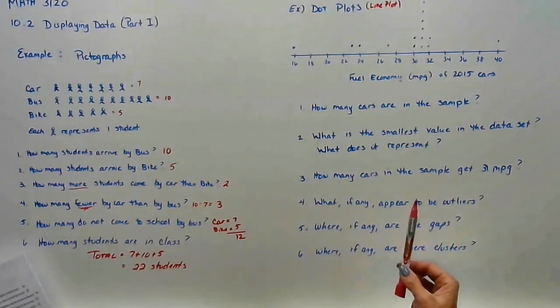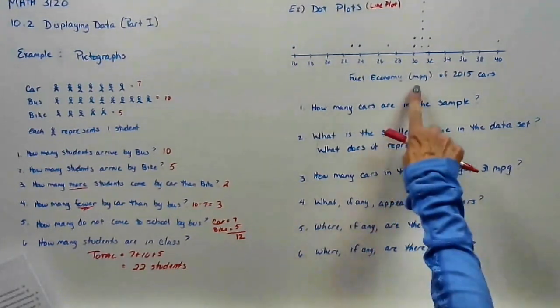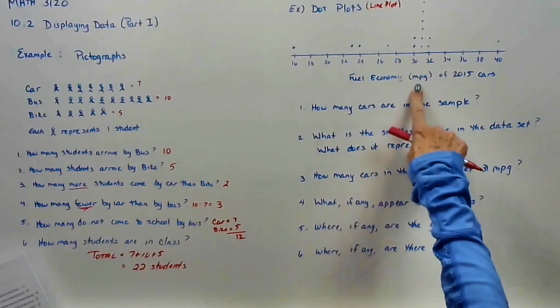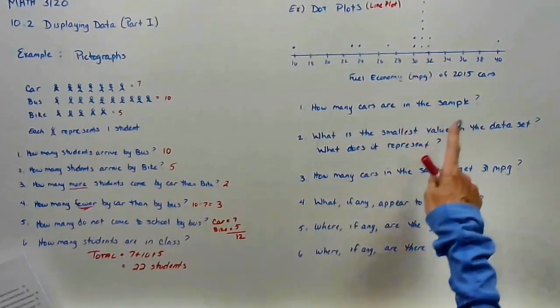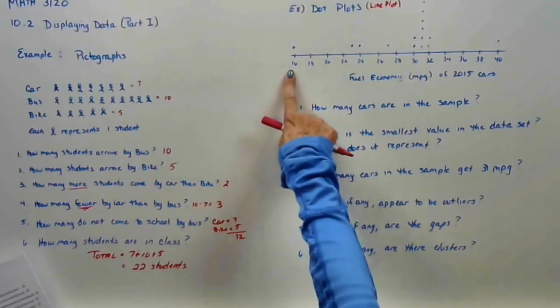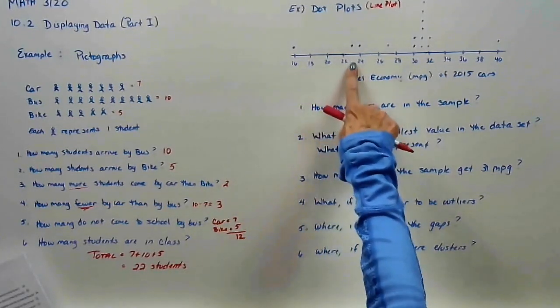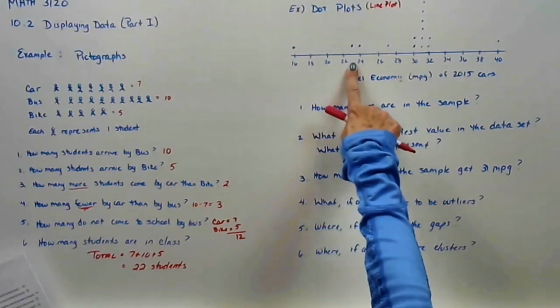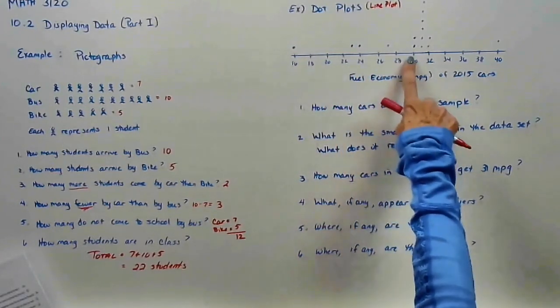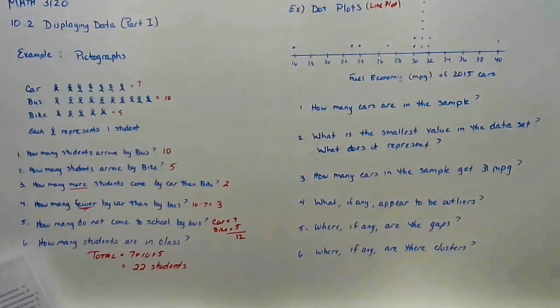In this case, the dot plot represents the fuel economy in miles per gallon of 2015 model cars. So one car only got 16 miles to the gallon. Here's one that's between 22 and 24, so we call it 23 miles to the gallon, 27 miles to the gallon, 30 miles to the gallon, so you kind of get the idea.